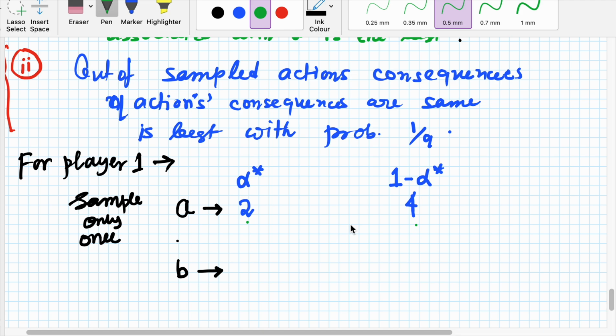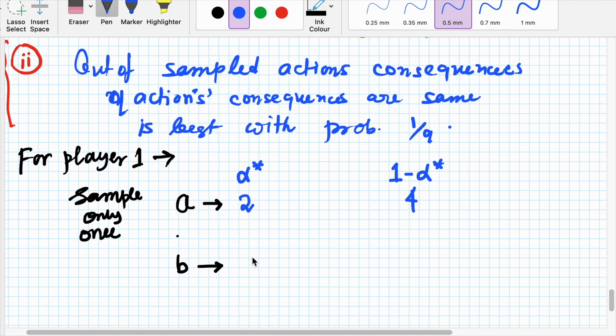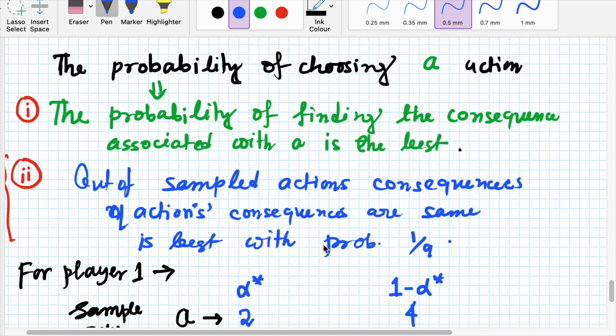In her sample she only gets one prize out of the two, so she may either realize 2 or realize 4. Similarly, when she samples B, she may realize either 3 or 1.